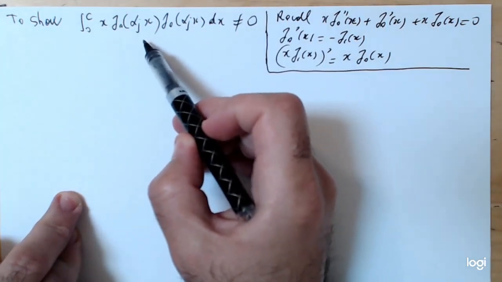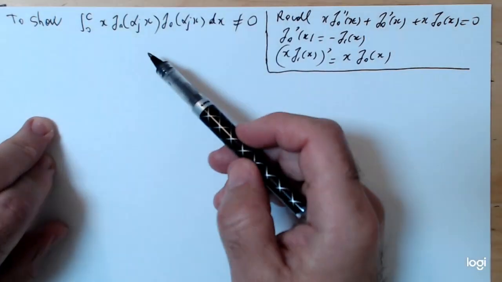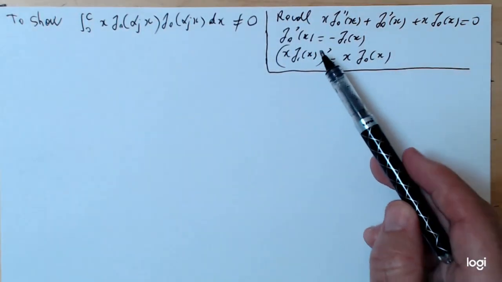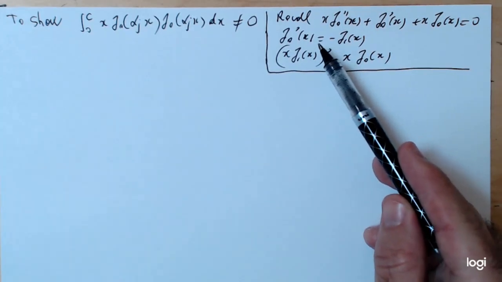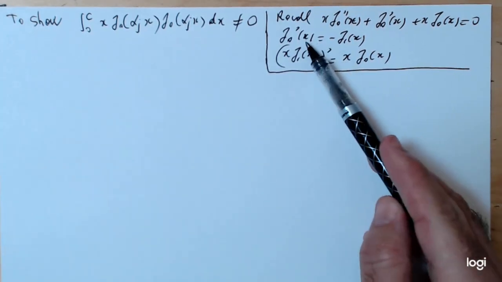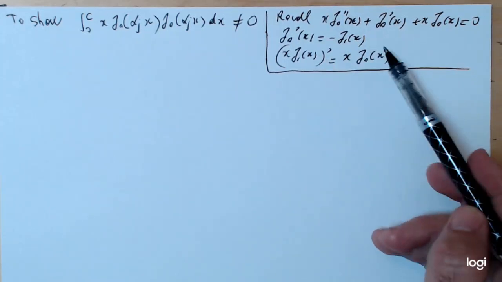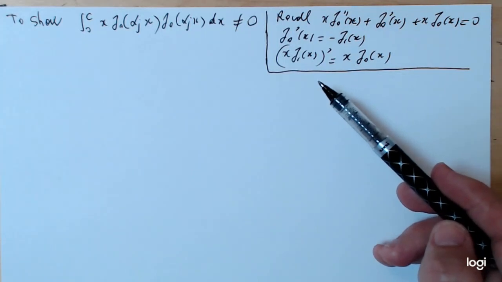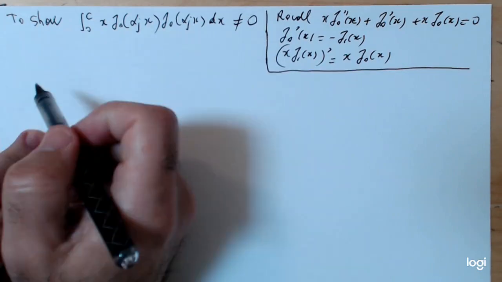So we're going to start by making a change of variable, simply because it might be easier to use these rules if you have just x instead of alpha x inside of the Bessel function. Because remember, if you have alpha x instead of x, you have to pay attention to the chain rule when you use these differentiation properties, and that might be tedious. That's why it might be preferable to do the following substitution.